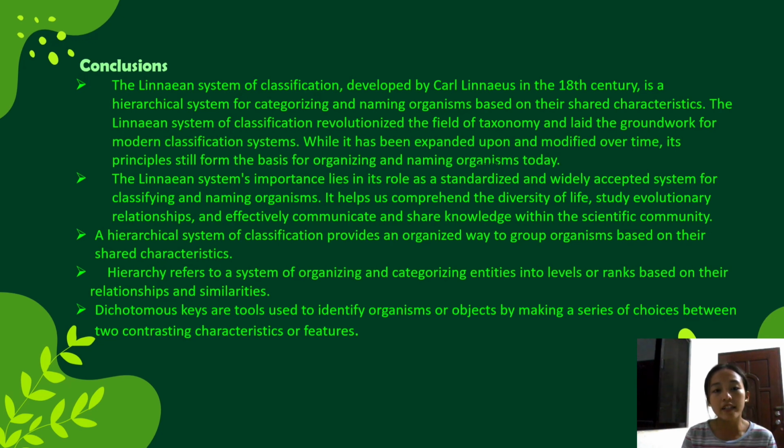A hierarchical system of classification provides an organized way to group organisms based on their shared characteristics. Hierarchy refers to a system of organizing and categorizing entities into levels or ranks based on their relationships and similarities. Dichotomous keys are tools used to identify organisms or objects by making a series of choices between two contrasting characteristics or features.